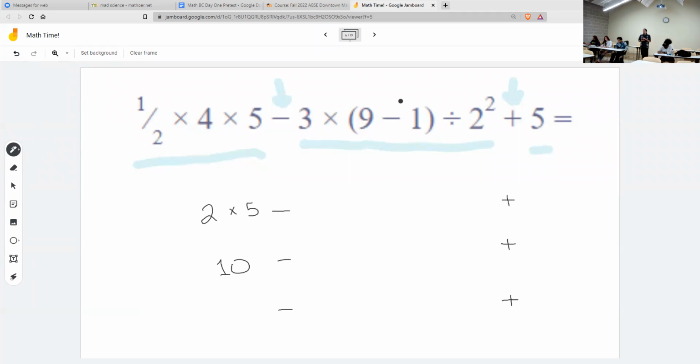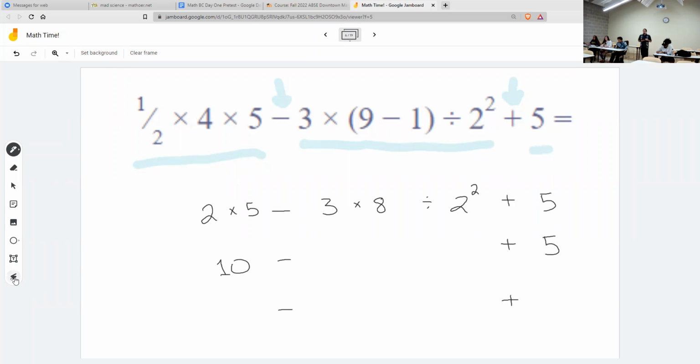Now, there's some parentheses here, right? Let's worry about 9 minus 1 first. What's 9 minus 1? 8. So I have 3 times 8 divided by 2 squared. As long as I'm looking at it, this 5 is its own thing, right? It's still 5. I don't have to do anything.